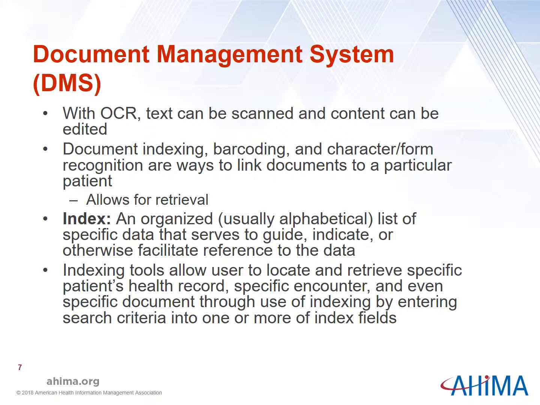These indexing tools allow the user to locate and retrieve a specific patient's health record, a specific encounter, and even a specific document through the use of indexing by entering search criteria into one or more of the index fields.